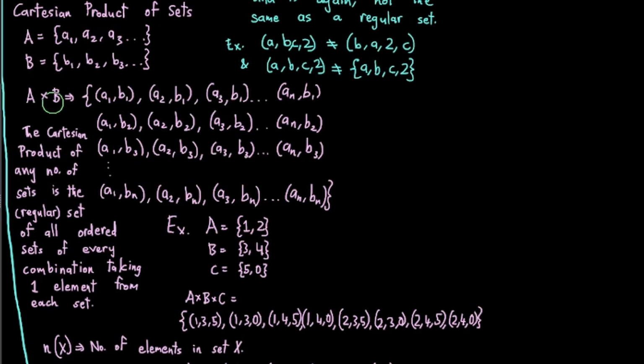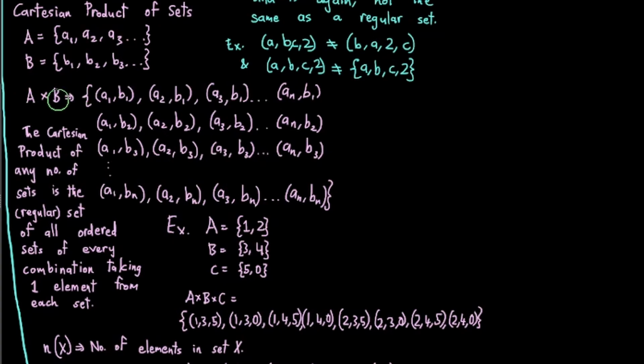We write the Cartesian product as A into B. What that denotes is the set of all the ordered pairs that you can form with the combination of every element from A and B. The first element in each ordered pair must be any element from the set A, because A into B is written first.